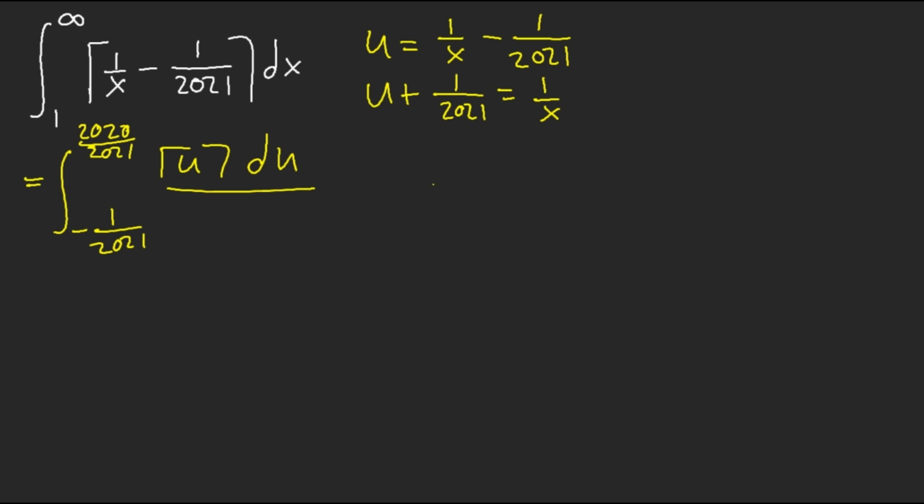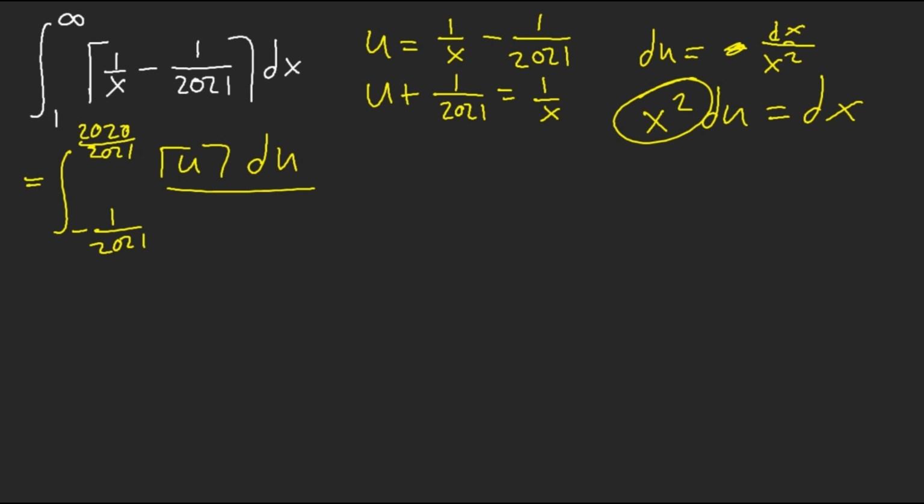Am I doing this correctly? Let u equal, let's see, because if we derive it, we get du equals negative 1 over x squared. This negative is going to take care. Oh, okay. So that x squared is going to be x squared du dx.